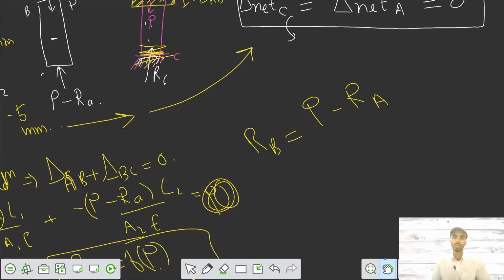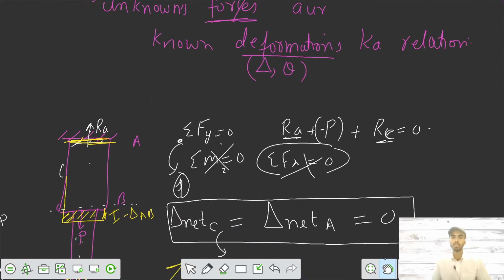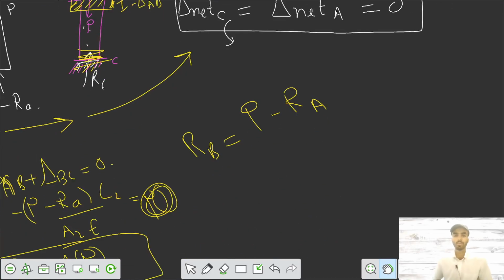From the first equation we write this, RA plus RC equals P. From that we can get the final reactions. This is how we can solve indeterminate structures.